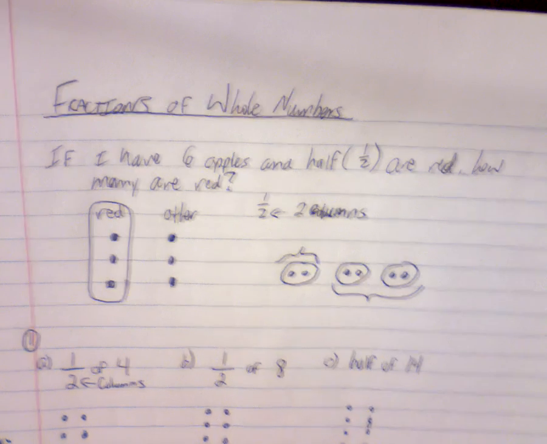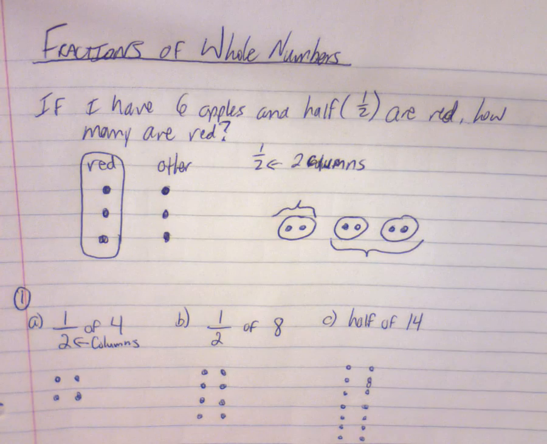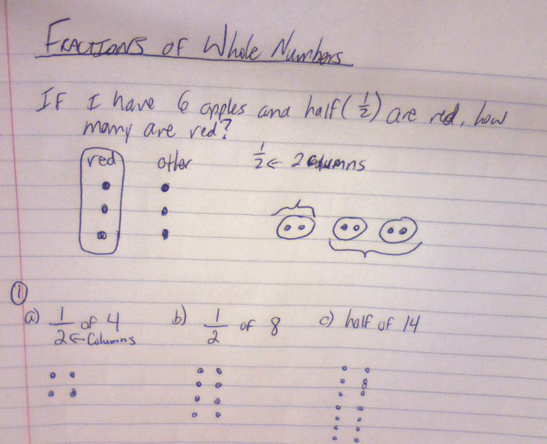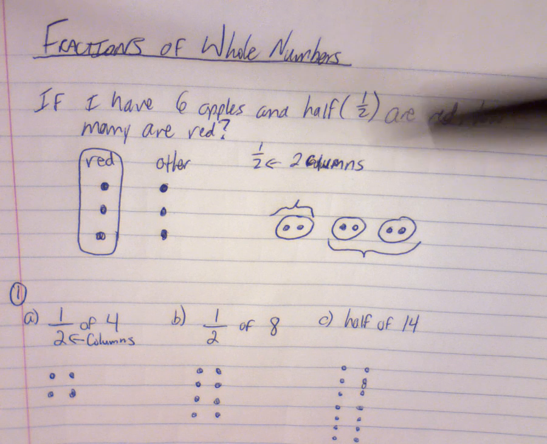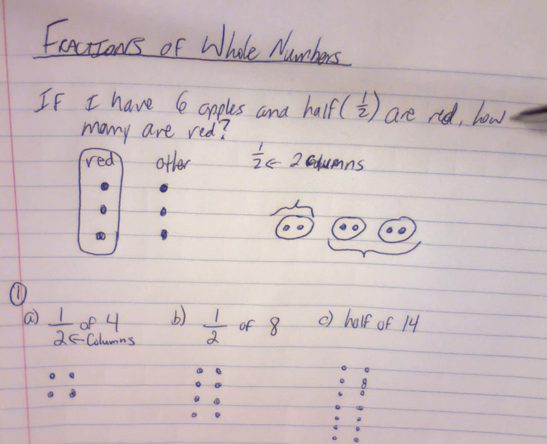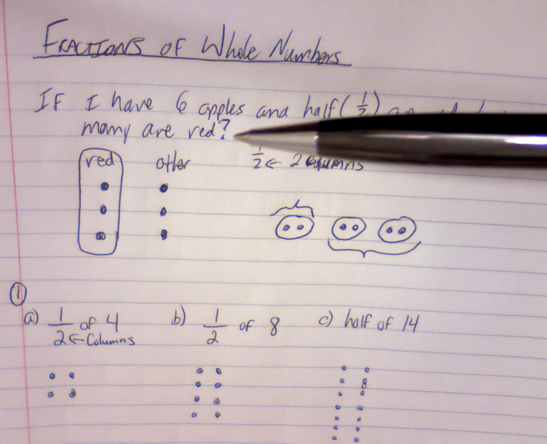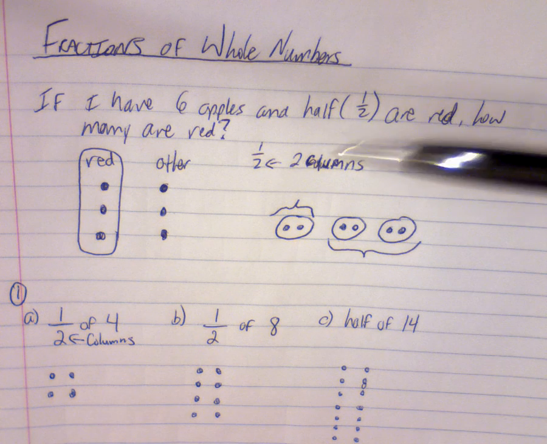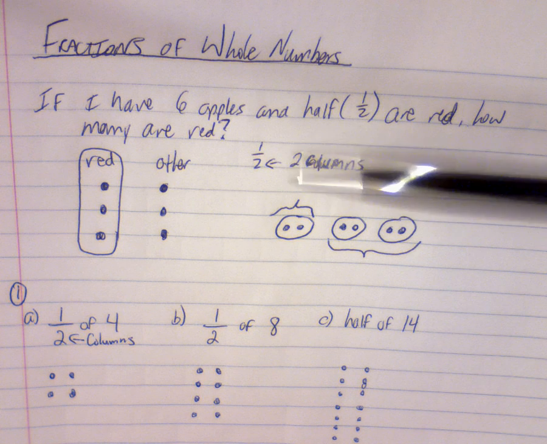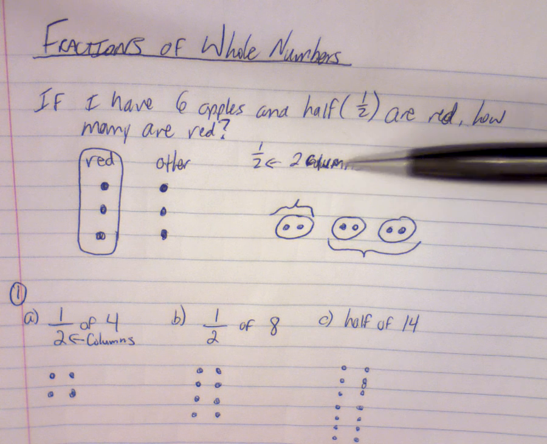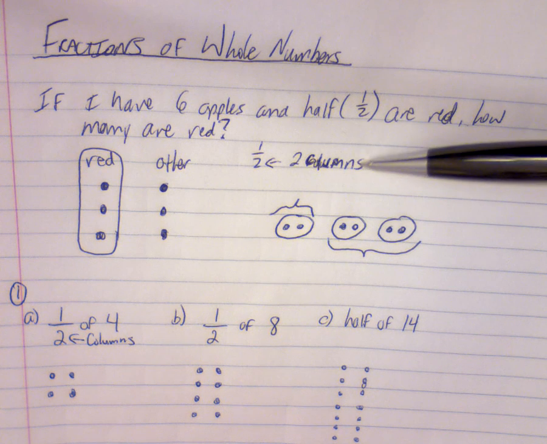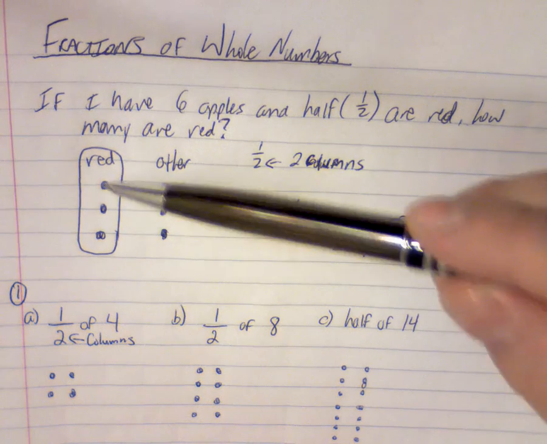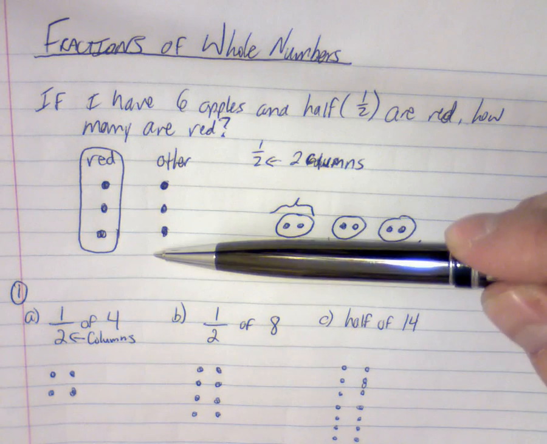So, for instance, let's take a look at this example that I have here. It says that if I have 6 apples and half are red, how many are red? Now, when we look at this fraction, the bottom number is telling us that there are going to be 2 columns. 1, 2.